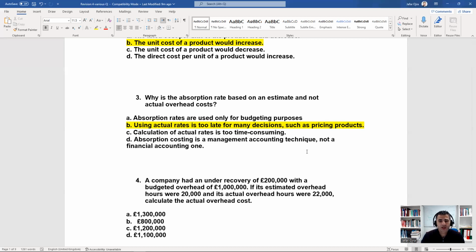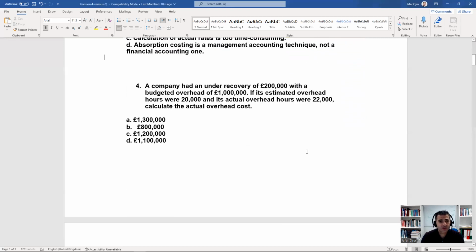If I'm a supplier and a customer orders thousands of units, I need to tell them the price before I make the product. So it must be calculated based on the estimate. That's why we have variances, including adverse variances and favorable variances.